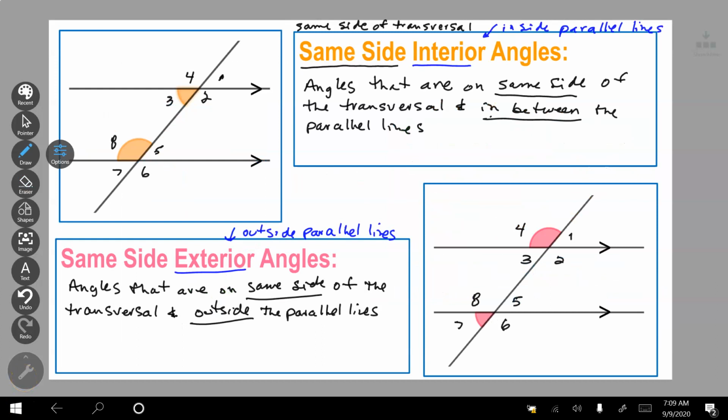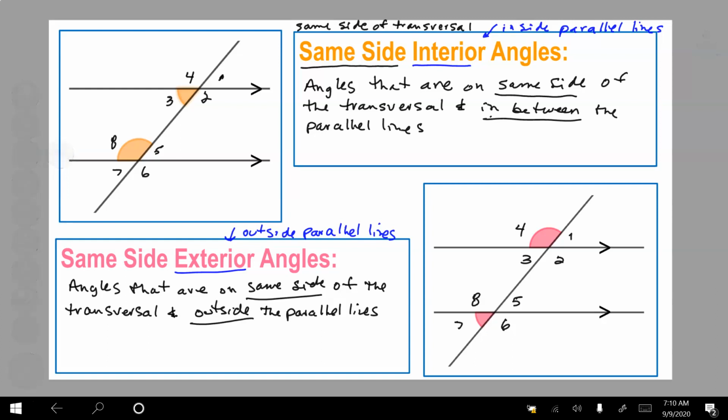Okay, two more definitions of angles: same side interior angles and same side exterior angles. Same side refers to the transversal, and interior and exterior refers to either inside or outside the parallel lines. So same side interior angles are angles that are on the same side of the transversal, either on the left side or the right side, and in between, inside the parallel lines.